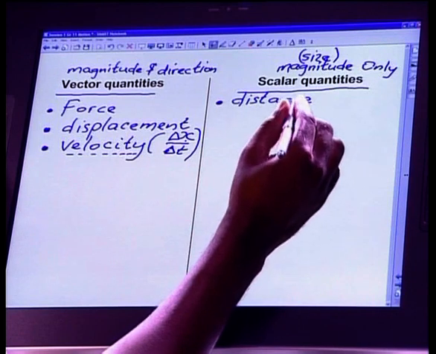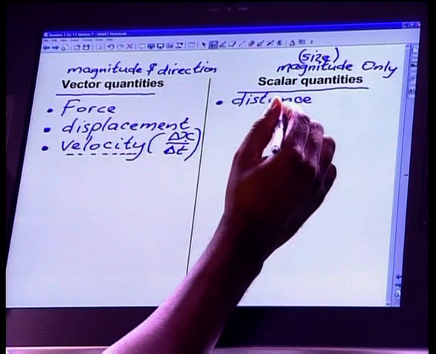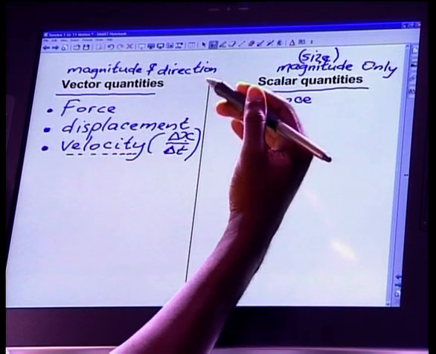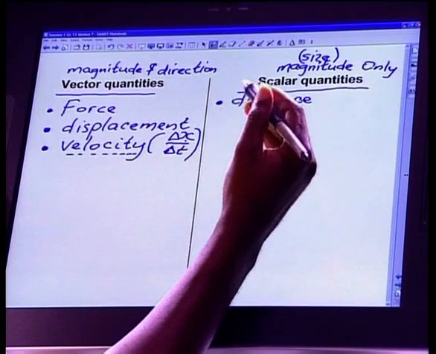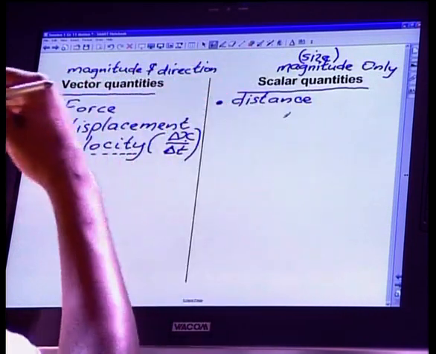And as you look at it, you can see that we cannot tell with certainty the direction of the object at any given point of that process of moving from A to B, and that cannot remain constant. We can tell that at specific points, but we may not have that as a consistent value for direction from the beginning to the end. So distance has no direction. It is a scalar quantity.